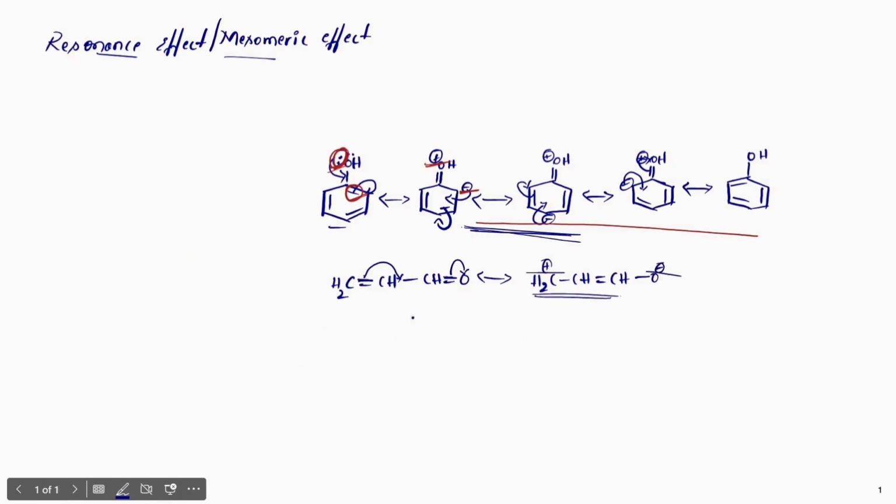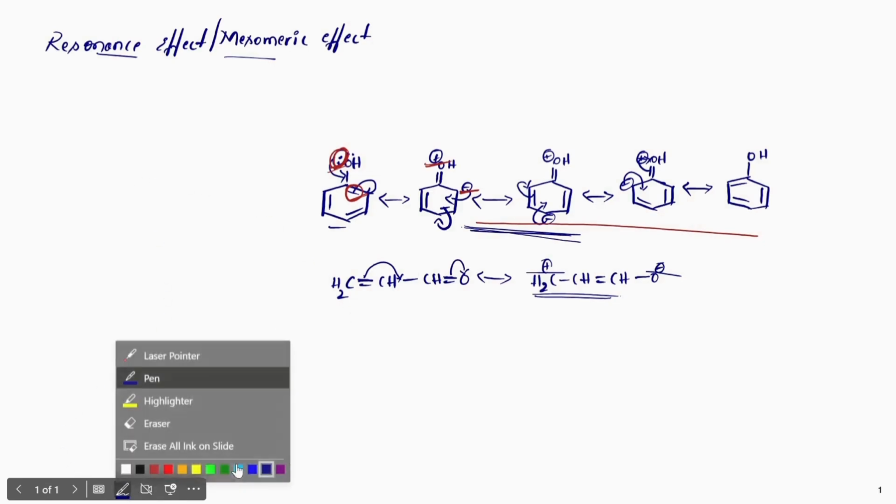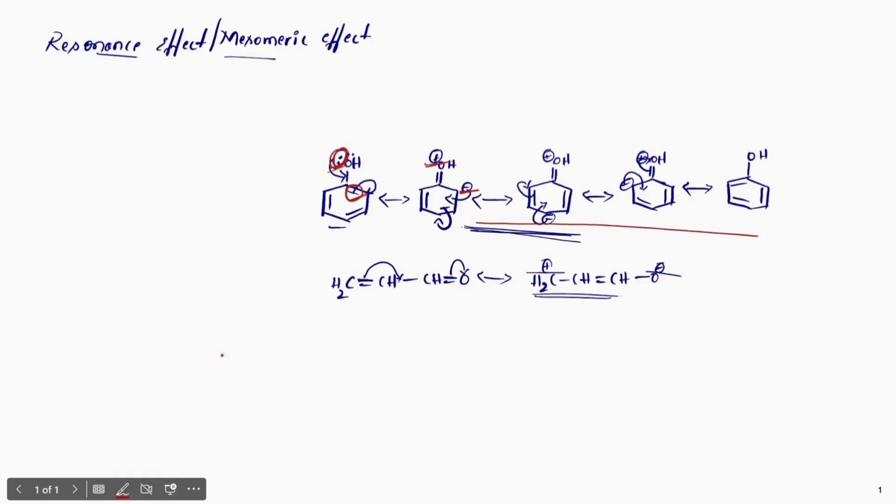Okay, now we will define what the resonance effect means, which is also called the mesomeric effect.